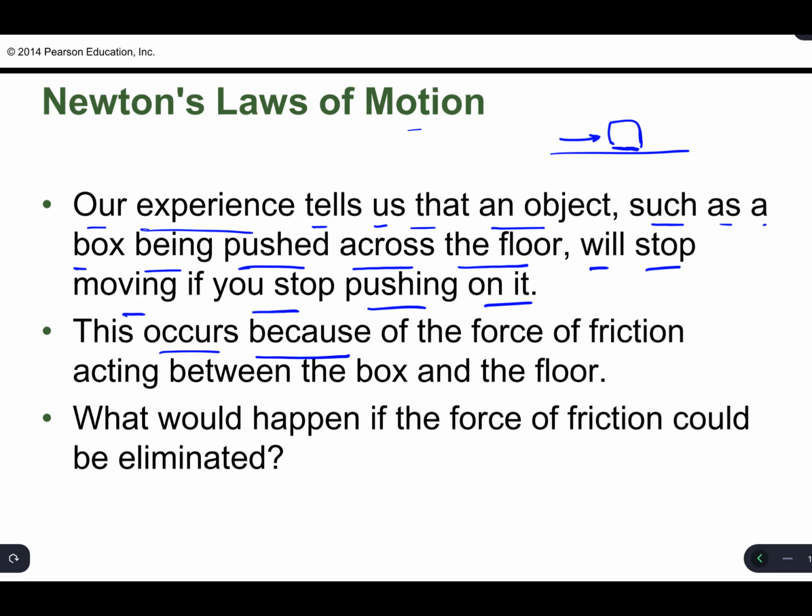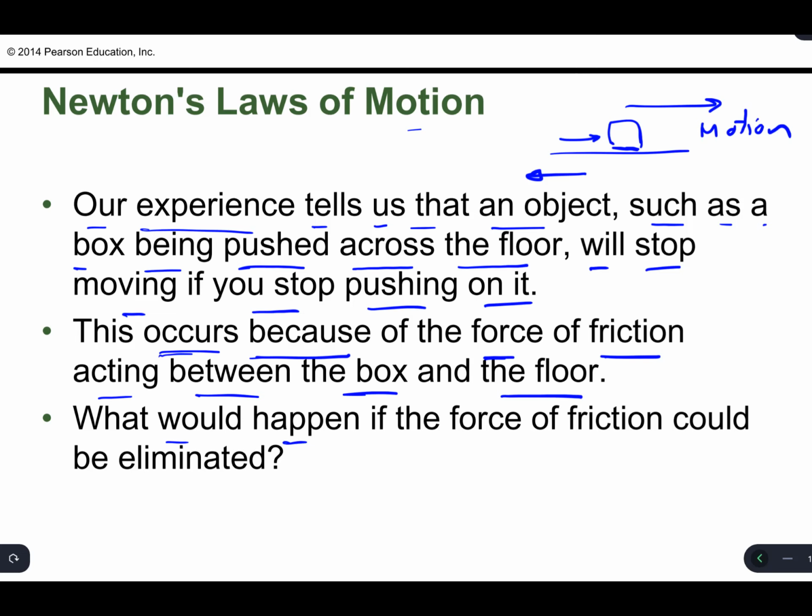This occurs because of the force of friction. The force of friction is always in the opposite direction of the motion. So this occurs because of the force of friction acting between the box and the floor.